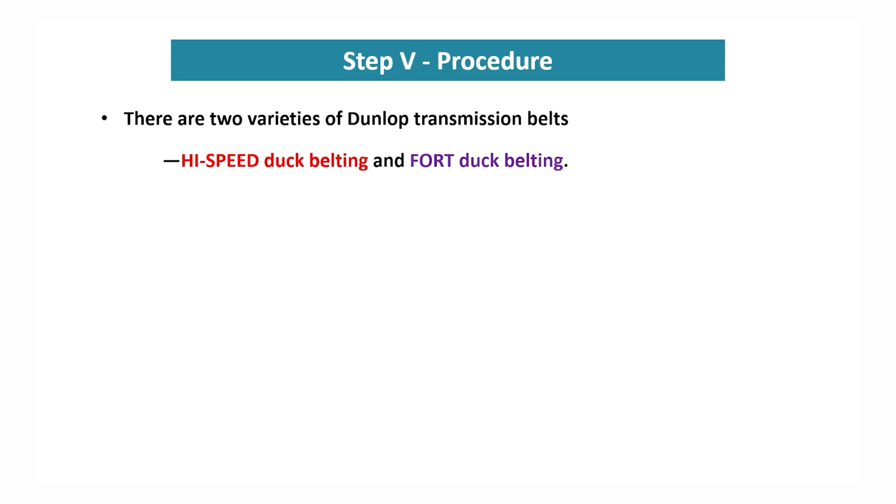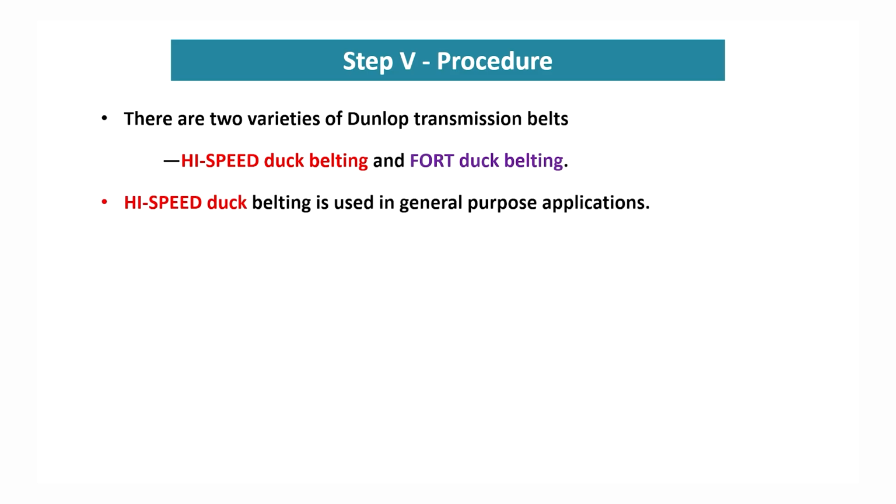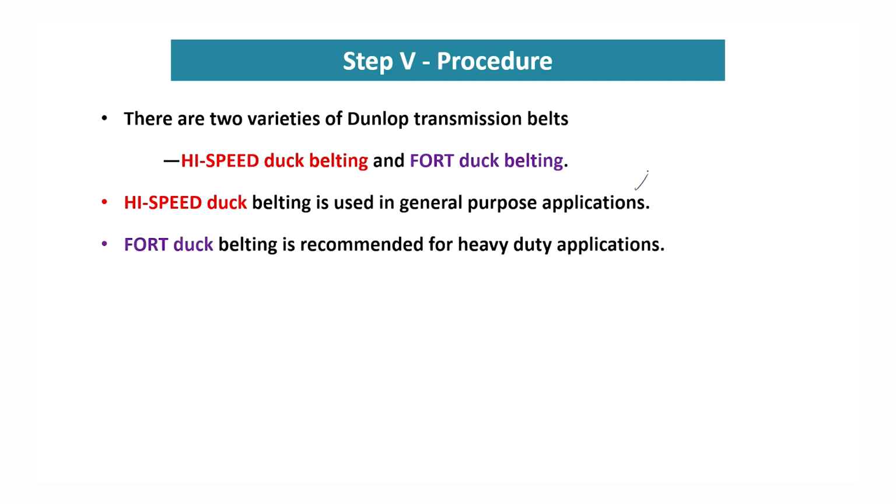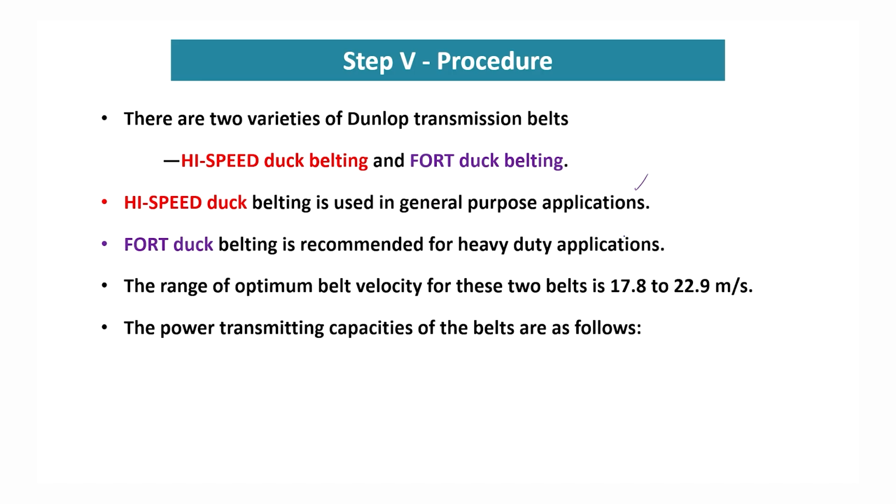Now, step 5th, there are two varieties of Dunlop transmission belts, high speed duck belting and Ford duck belting. High speed duck belting is used in general purpose applications, and Ford duck belting is recommended for heavy duty applications. The range of optimum belt velocity for these two belts is 17.8 to 22.9.